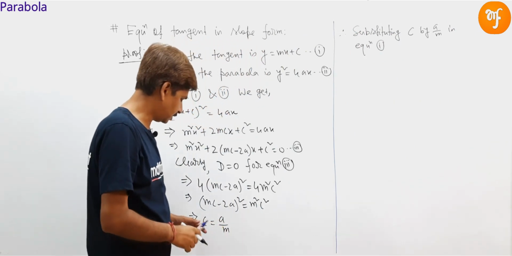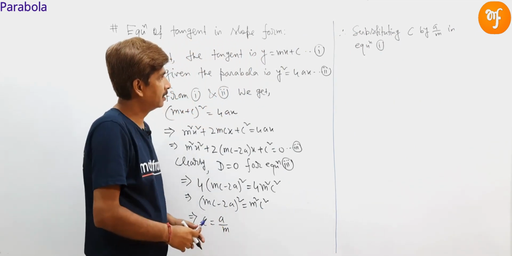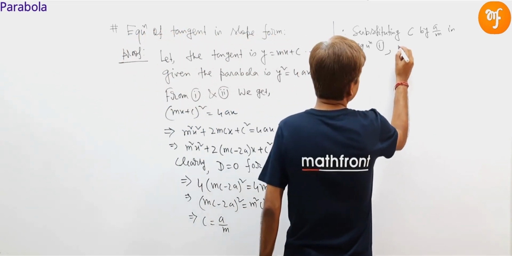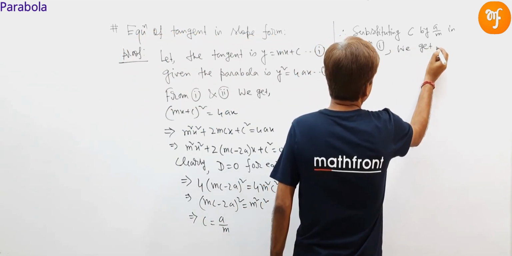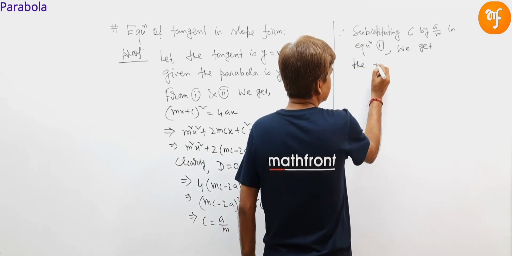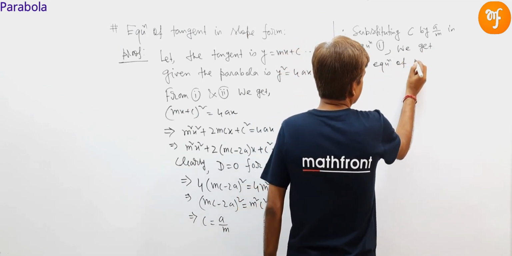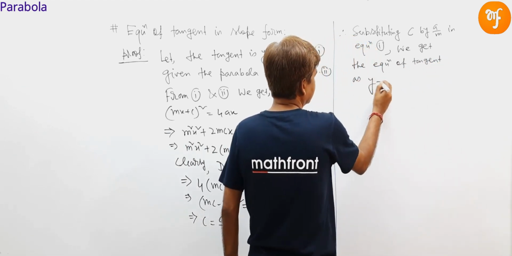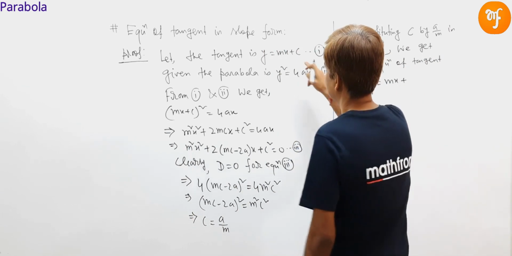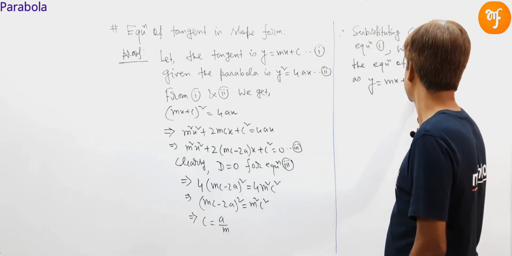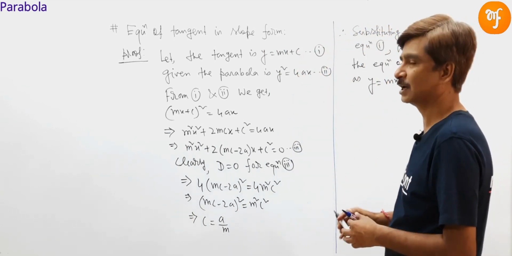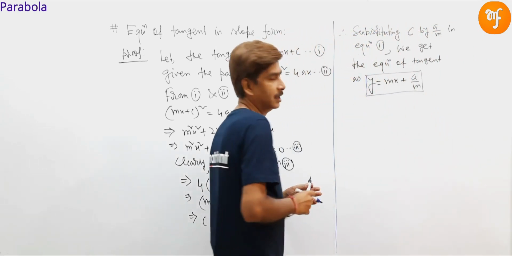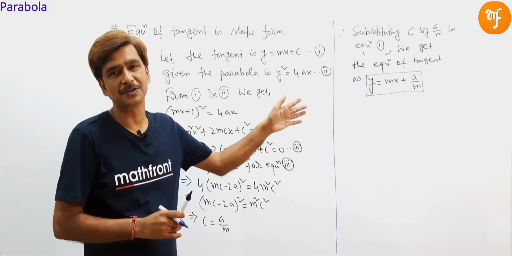So, substituting the value of c is equal to a by m in equation 1, we will get the equation of tangent as what? y is equal to mx plus c, where c is equal to a by m. So we will write a by m. So this is the equation of tangent. Okay. So we proved the equation of the tangent in slope form.